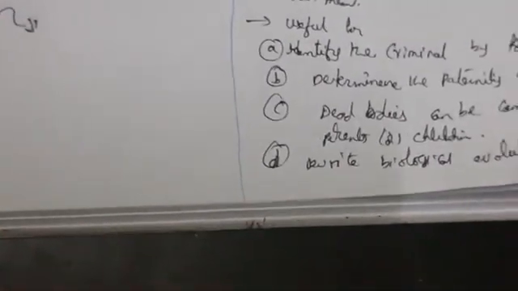Coming to replication, we are going to have transcription, we are having annealing. Annealing is nothing but when the melted DNA is cooled, the strands hybridize.